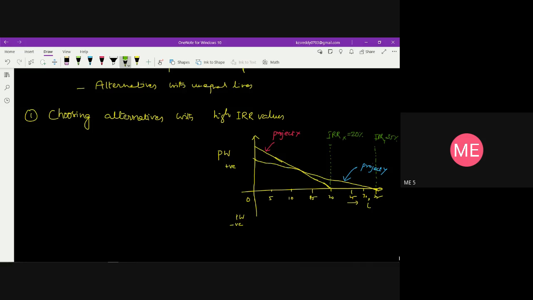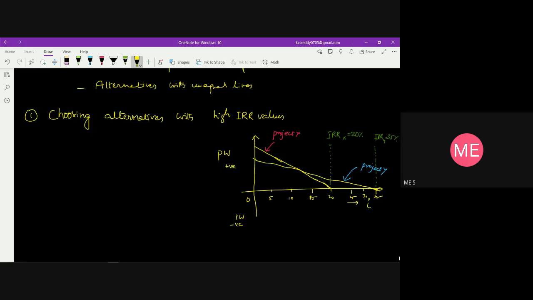Looking at the present worth of alternatives which have different cash flows, as we have plotted here, whichever method we use, present worth, annuity worth or internal rate of return, we select the one with the highest worth in the case of profit orientation or maximizing profits.